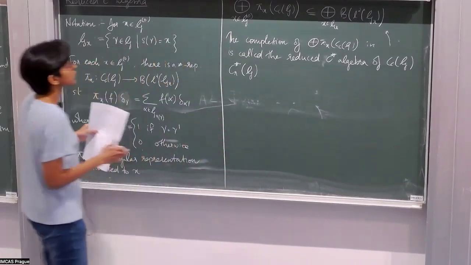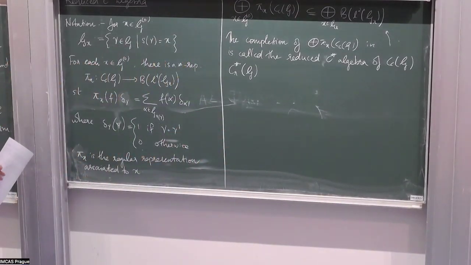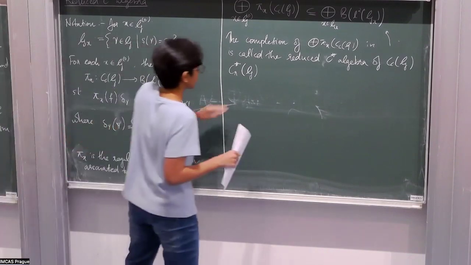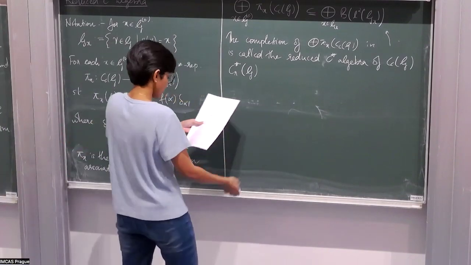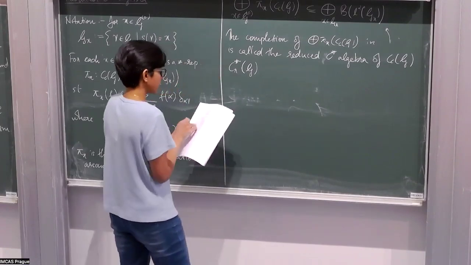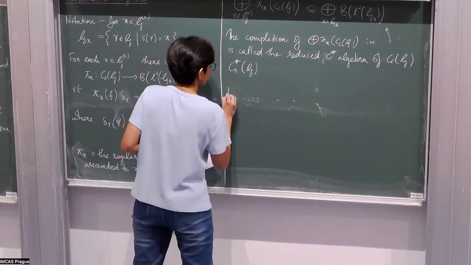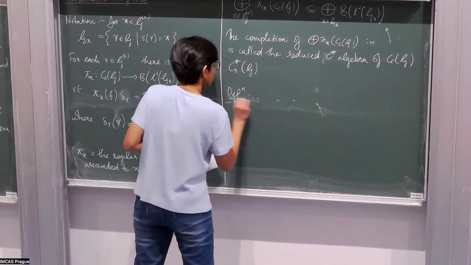So now this was all for the Hausdorff groupoid, and now I quickly want to say something about the non-Hausdorff case. Before that, let me just put a small definition.